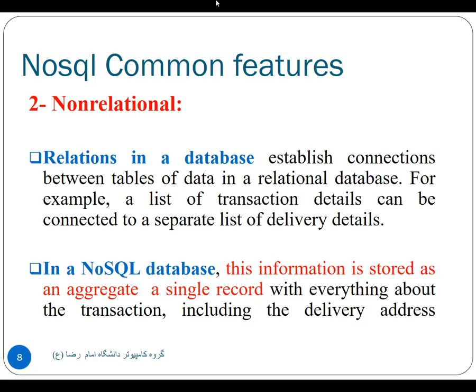But in a NoSQL database, the related data are aggregated together in a single record, and we don't have them in two places. We have all of the related data in a single aggregate place. For example, in the example we had here, the transaction and the delivery are aggregated together and stored together, so we don't need relations.